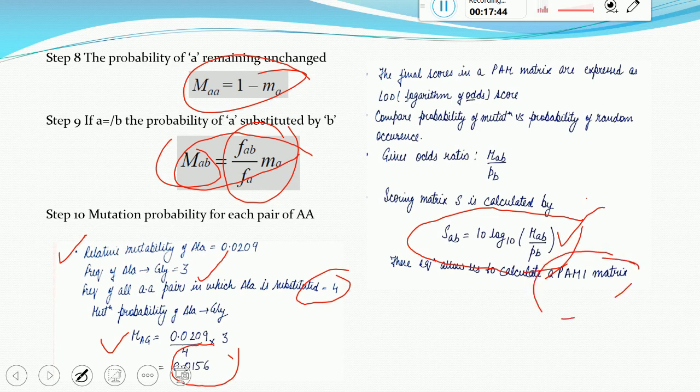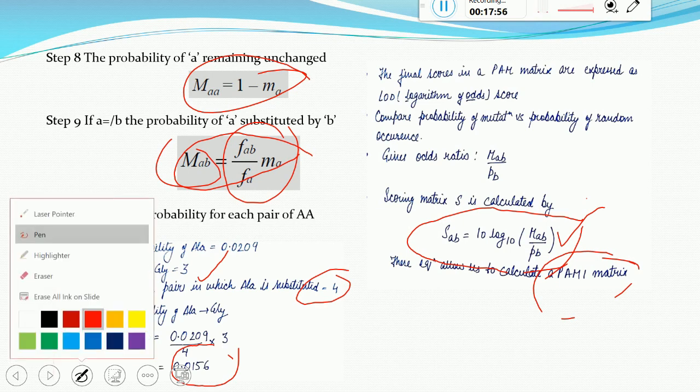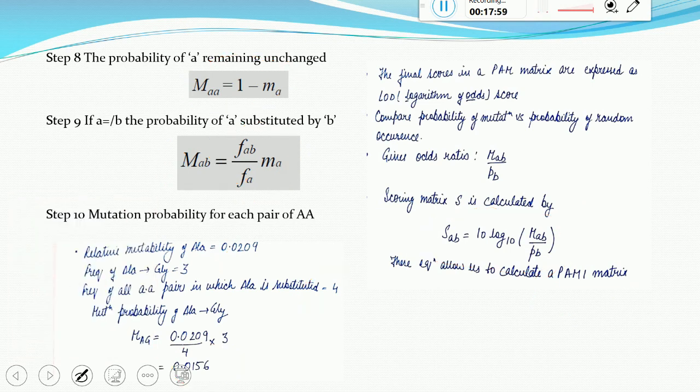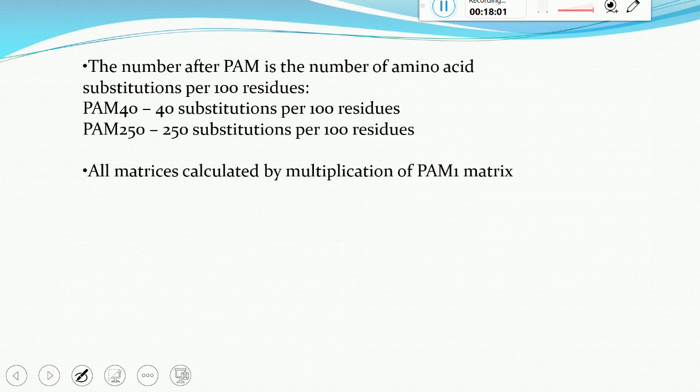I have already told you about the PAM1 matrix. PAM1 is basically the time period in which 1% of the amino acids of the sequence go through evolutionary changes. Now the number after PAM is the number of amino acid substitutions per 100 residues. Like PAM40 is 40 substitutions per 100 residues, or in other terms 40% of the residues have been changed.